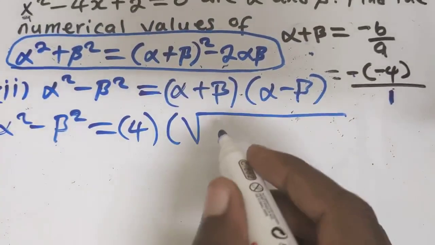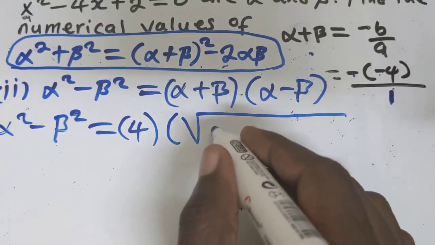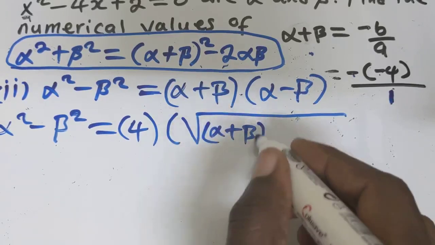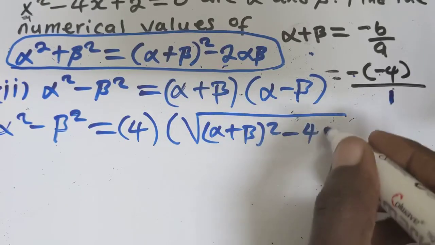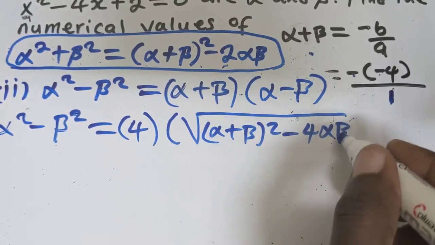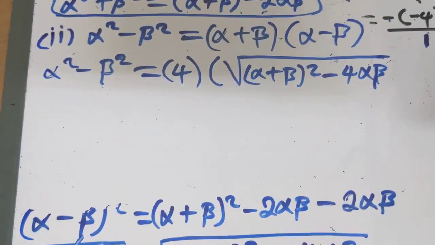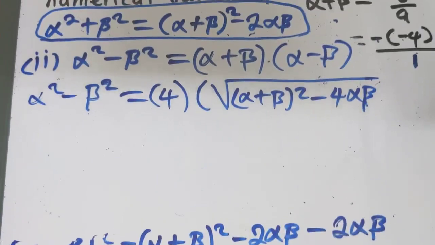So it is multiplying with the square root of alpha plus beta, then squared, then minus 4 alpha beta like that. So that is how it is. This is the formula down here, the one that I've written there.